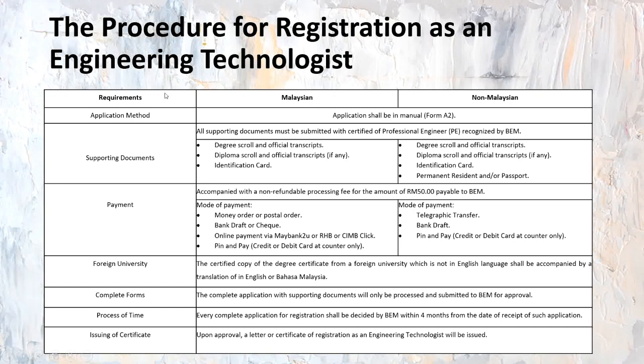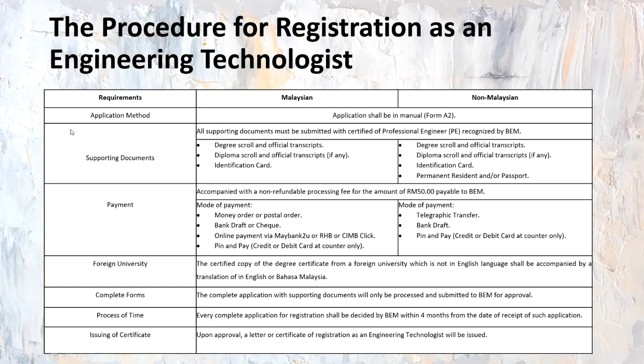We will briefly explain the requirements and also the actions that should be taken by Malaysians and non-Malaysians. For the first requirement, which is the application method, for non-Malaysian and also Malaysian, all applications shall be manual, which is at Form A2.